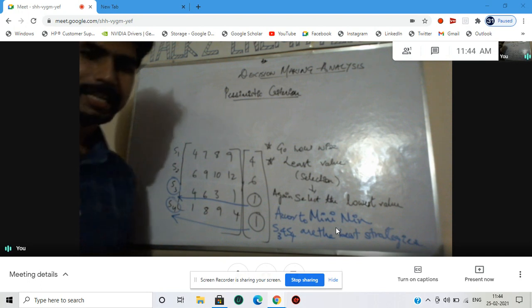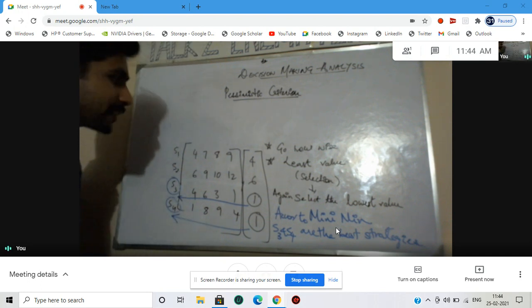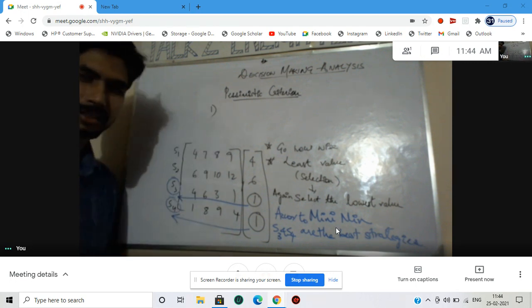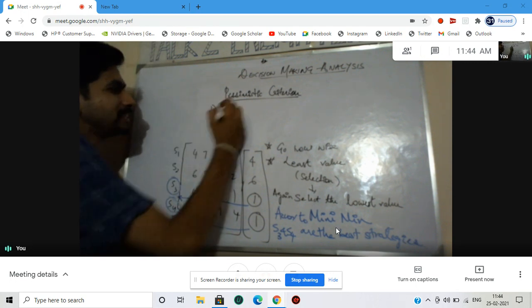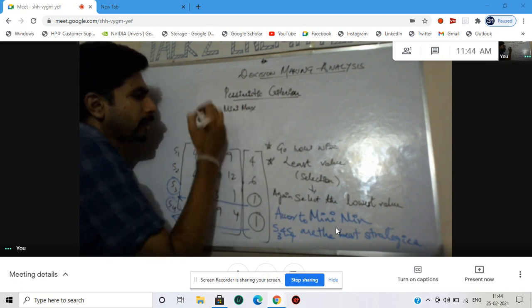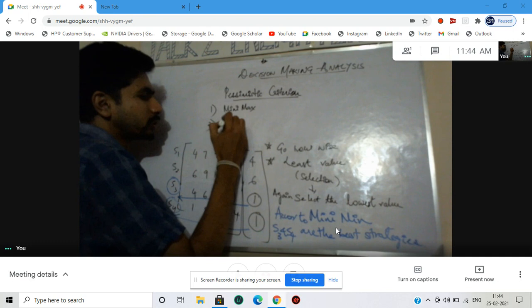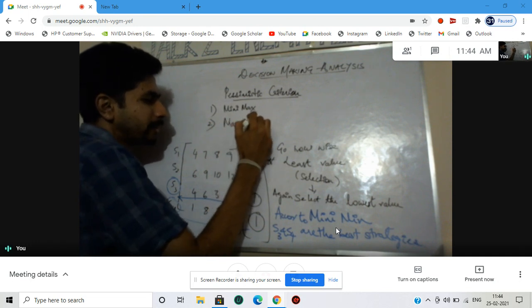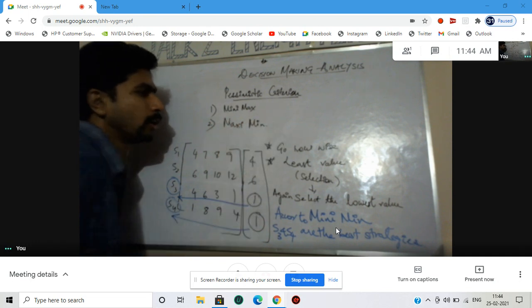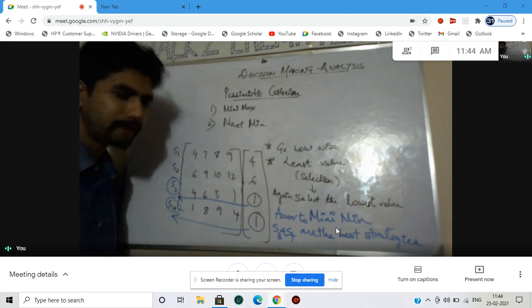In pessimistic criterion, we have again two techniques. The first technique is called minimax, and the second technique is called maximin.